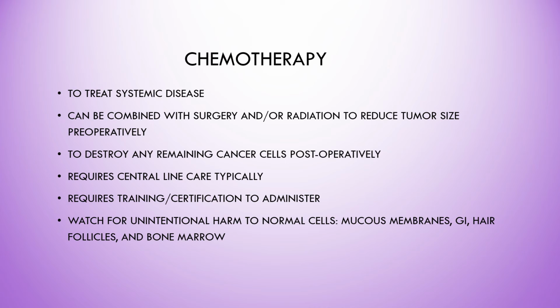They can destroy any remaining cancer cells postoperatively. They typically require a central line, and they require training and certification to administer. We need to watch for unintentional harm to normal cells, mucous membranes, GI, hair follicles, and bone marrow.